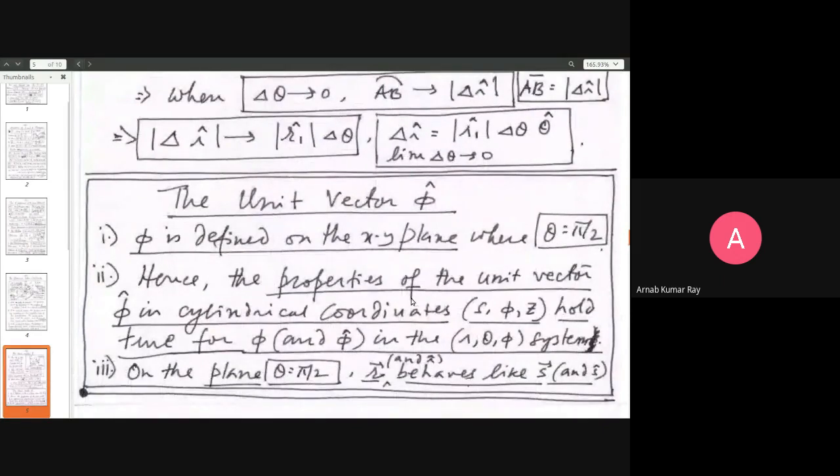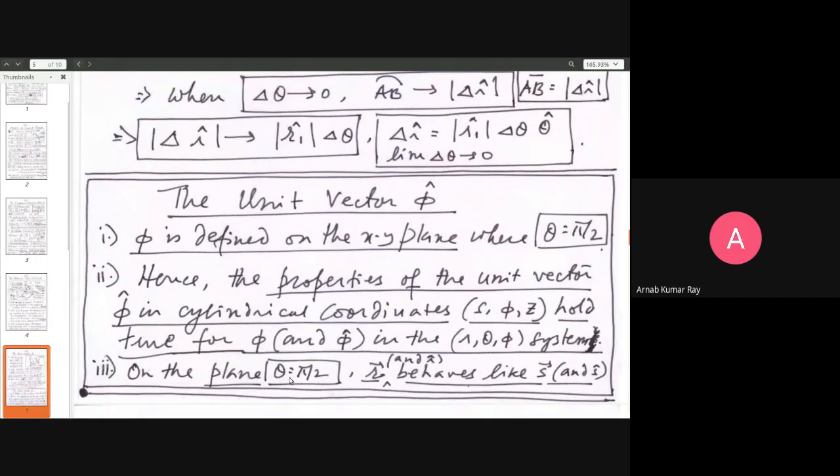What about the unit vector phi cap? Phi is defined on the xy plane where theta is equal to pi by 2. The properties of the unit vector phi cap in cylindrical coordinates s, phi, z hold true for phi and phi cap in the r, theta, phi system. Whatever you have done in the cylindrical coordinates for the angle phi will be the same for the angle phi in the r, theta, phi system.